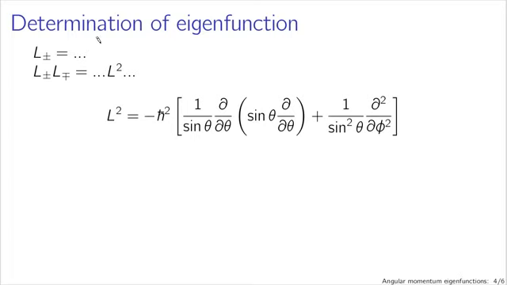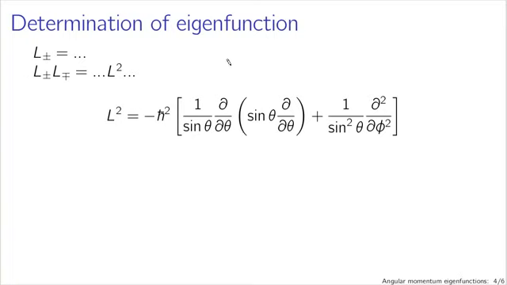Going back to your notes from the lecture on the algebraic structure of the angular momentum operators, we can express L squared rather simply in terms of L plus and L minus. L plus and L minus being expressed in terms of Lx and Ly, we can make combinations of Lx and Ly.